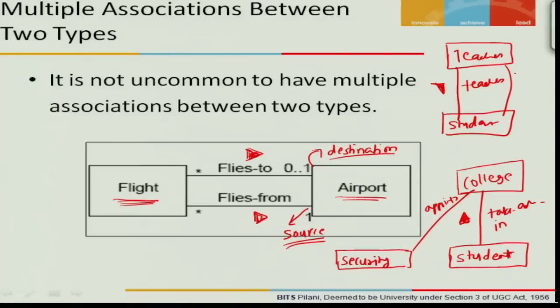For example, checks paper or takes exam. So teacher takes exam of student. So takes exam of and teaches are two different relationships which are very well possible between the teacher and student domain concepts. So you can have zero relationships, or you can have many relationships between two domain concepts.